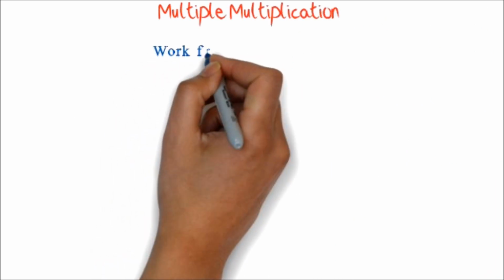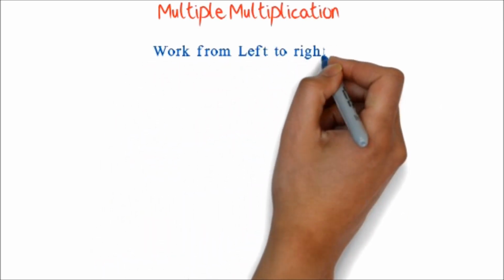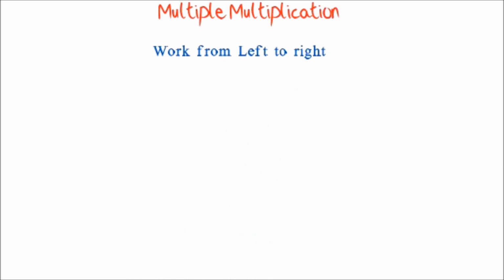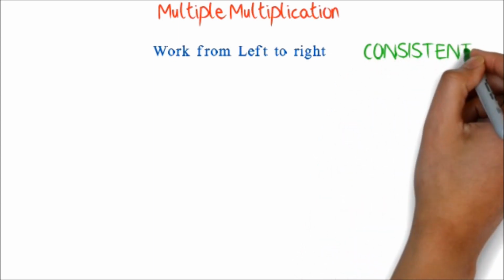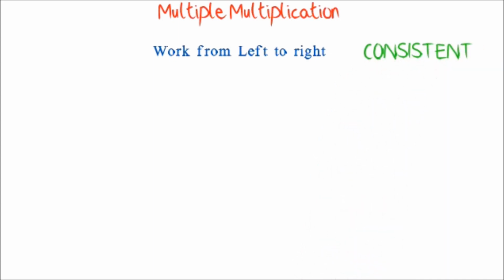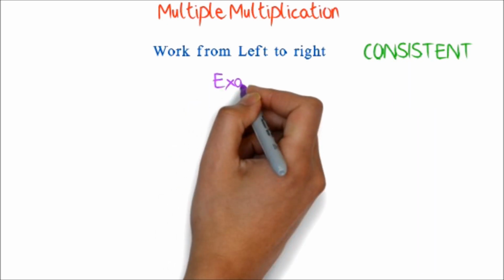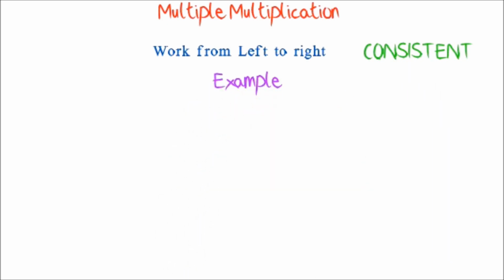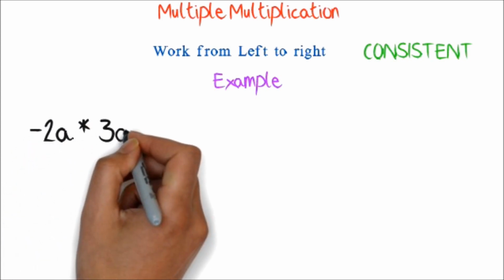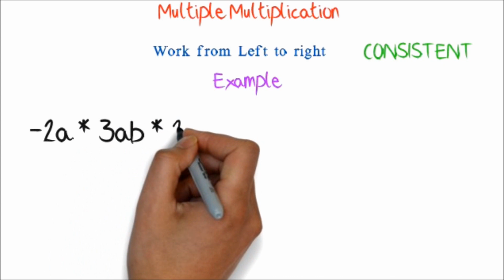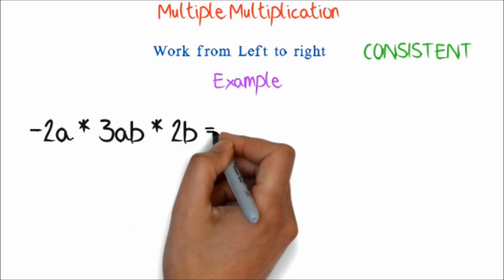When dealing with a lot of multiplications, please work on them from left to right. This is not a mathematical requirement. This will just make it consistent with operations like division and subtraction that require that order. Example, negative 2a times 3ab times 2b.